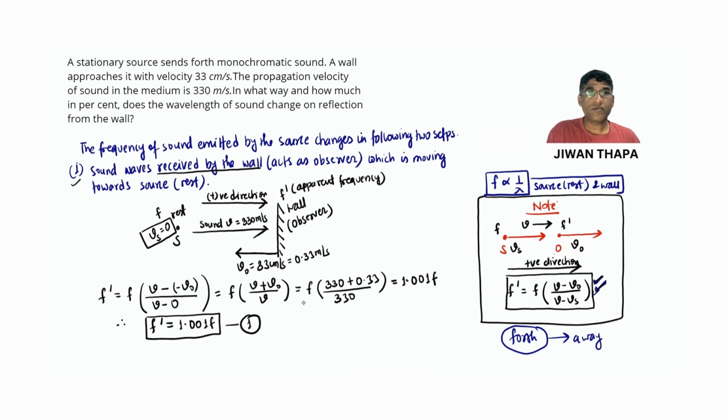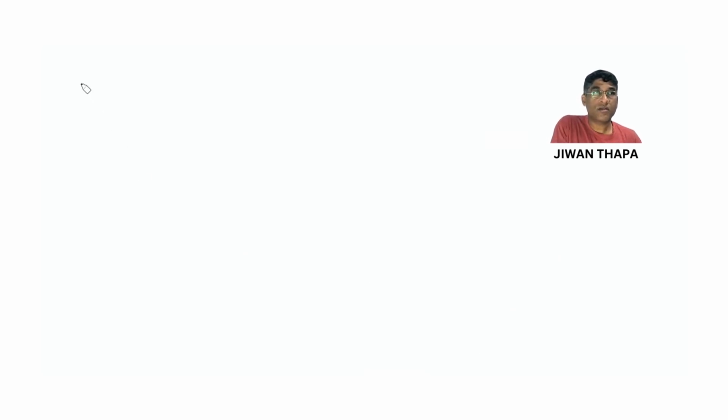Now second. I have discussed this case: the frequency of sound emitted by the source changes in the following two steps. One, sound waves received by the wall, so the wall is acting like observer, moving towards the source, which is at rest. Now next, two.